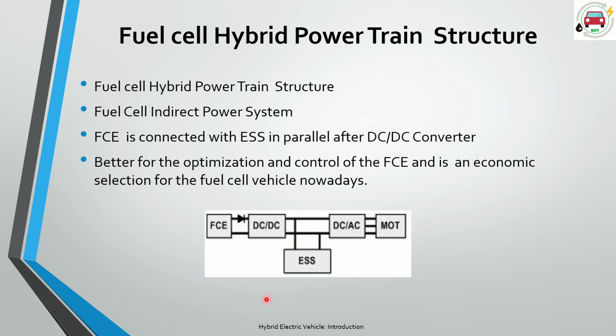So the fuel cell in the indirect power system is there, okay, FCIPS, and the FCE is connected with the ESS in parallel. After that we can use a DC to AC converter, right?